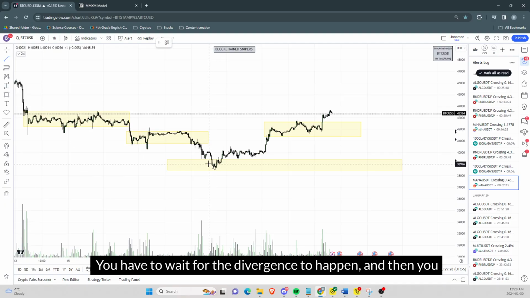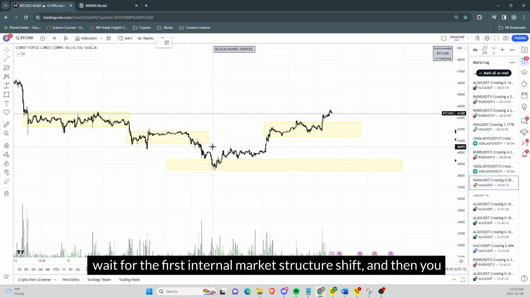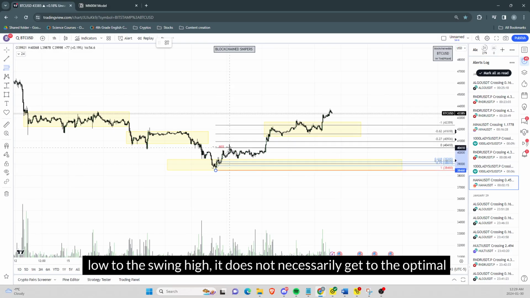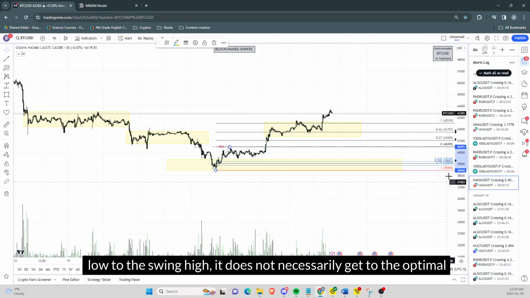You have to wait for the divergence to happen, and then you wait for the first internal market structure shift, and then you wait for the optimal trade entry, like you pull out a fib from swing low to the swing high. It does not necessarily get to the optimal trade entry all the time.